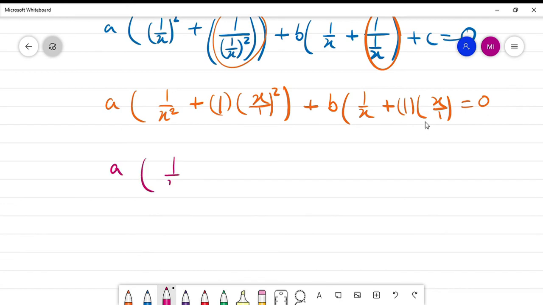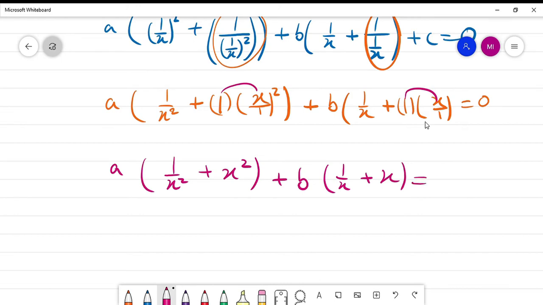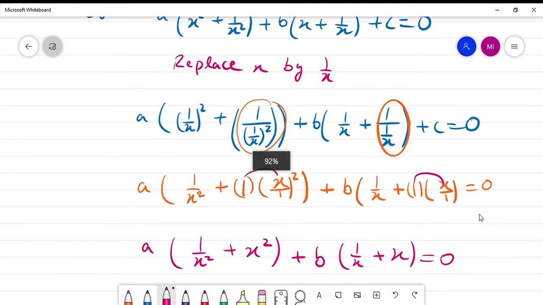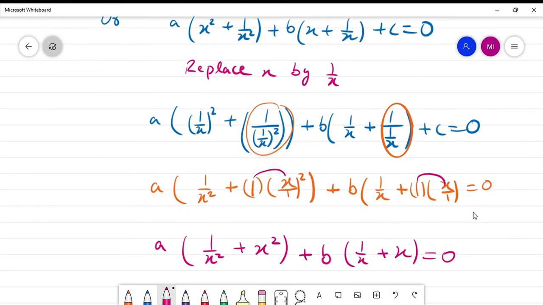A into 1 over x squared plus 1 into x squared is equal to x squared, plus b into 1 over x plus 1 into x is equal to 0. So we have the same exact equation as we did back up here.